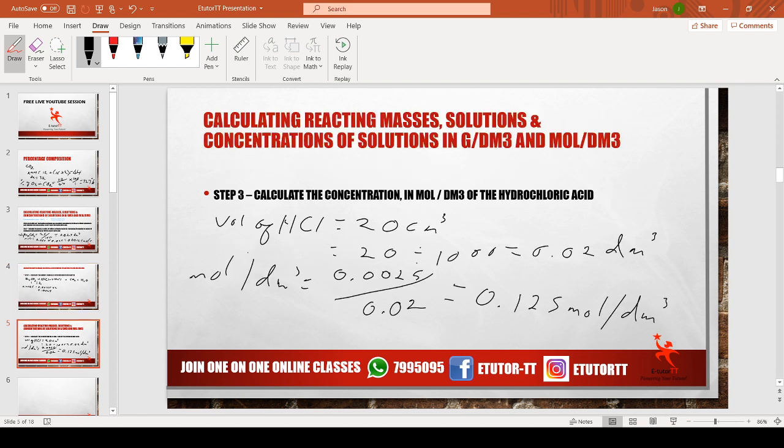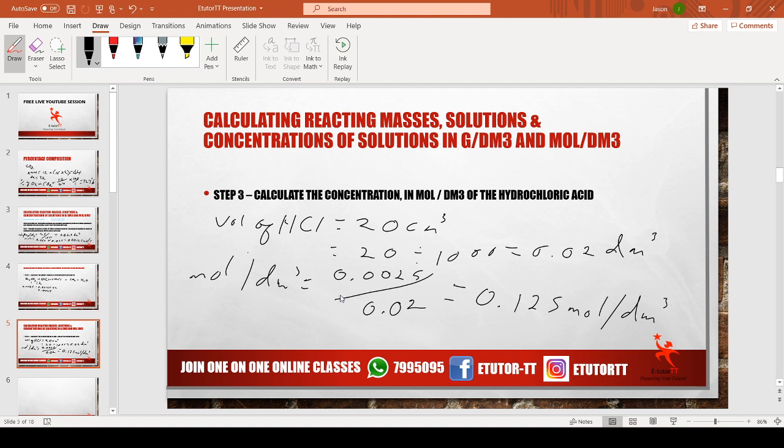Then on step 3 now, which calculates the concentration in moles per dm cube of hydrochloric acid. The volume of hydrochloric acid, because we're working out the dm cube, and they gave us cm cube, so we divide the 20 by 1000, which gave us 0.02 dm cube.